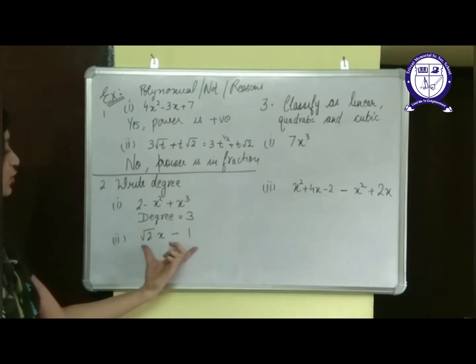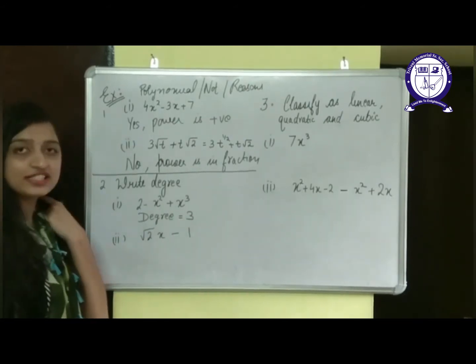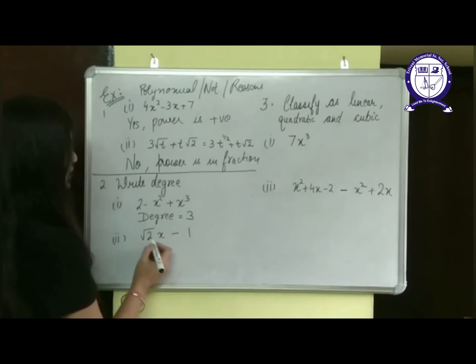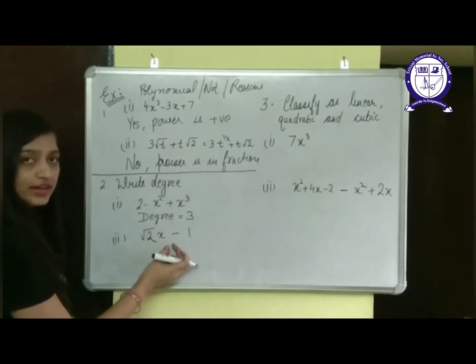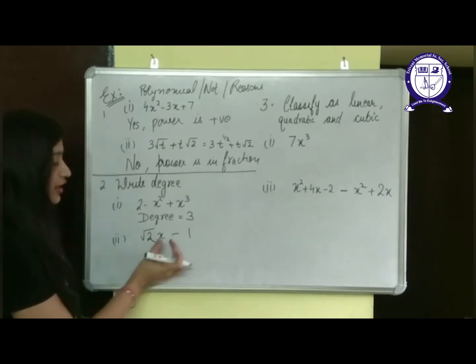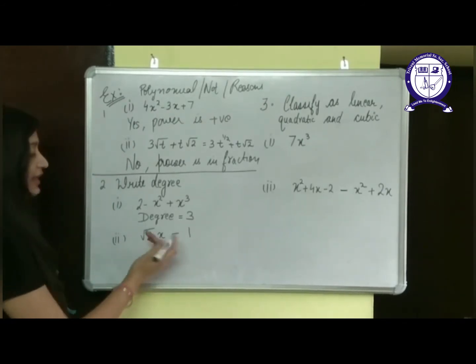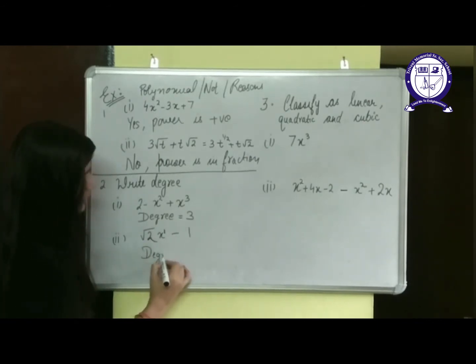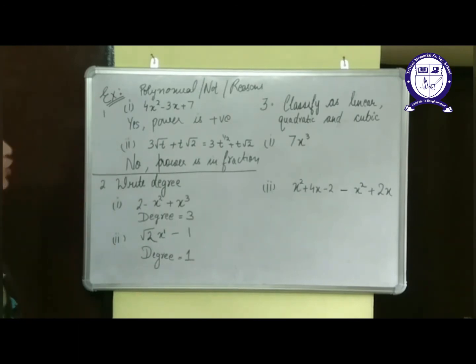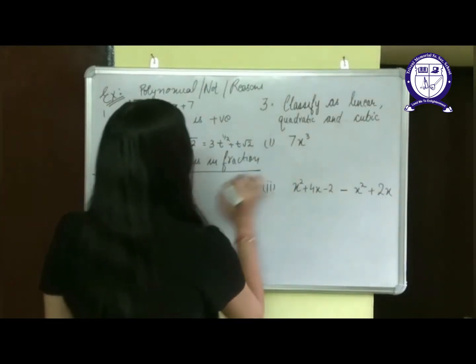Similarly in this question, first of all always check whether it's a polynomial or not. This is a polynomial because this root is over 2, not over x. So root 2 is just a coefficient and x is my variable and x has the degree 1. So it has the degree 1.